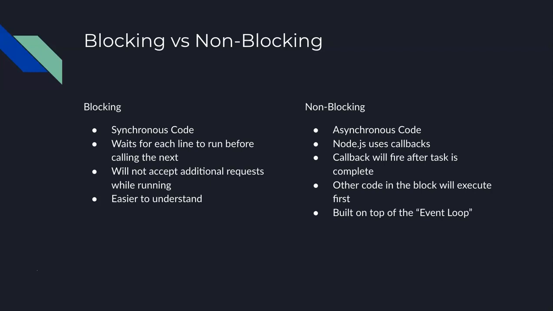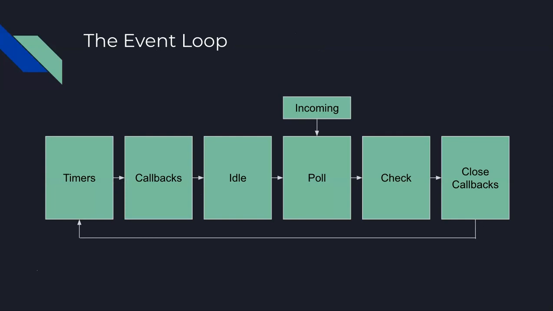Okay, so we built all of this on top of what's called the event loop. And if you get heavy into the JavaScript world and the Node.js world, you'll hear a lot about the event loop. So what is this mysterious event loop that we're talking about? Don't get scared by this drawing here, but this is the event loop in a nutshell.